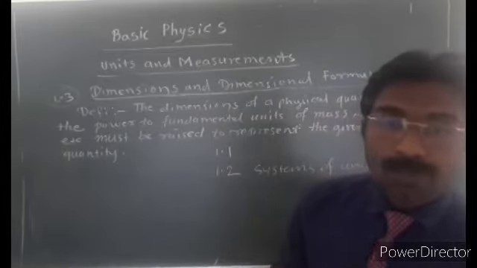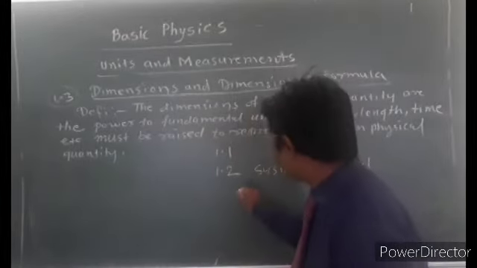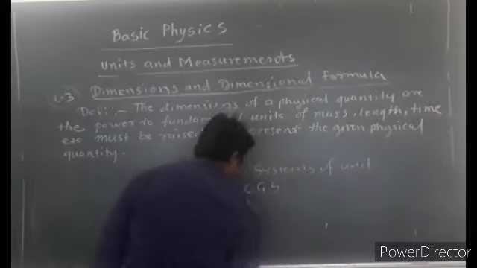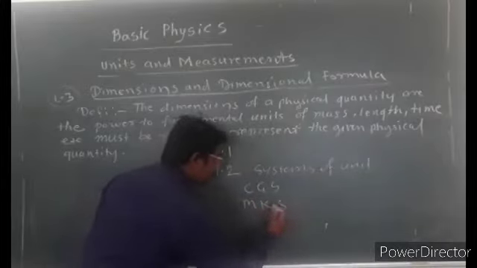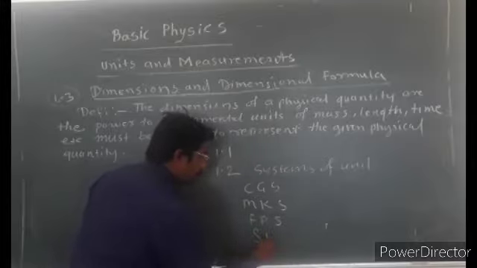In this system of units we have discussed four different systems. First is CGS, then MKS, then FPS, then SI.